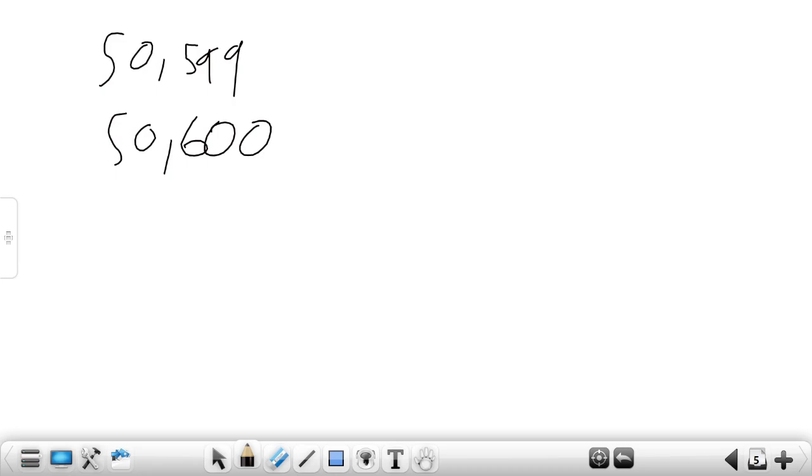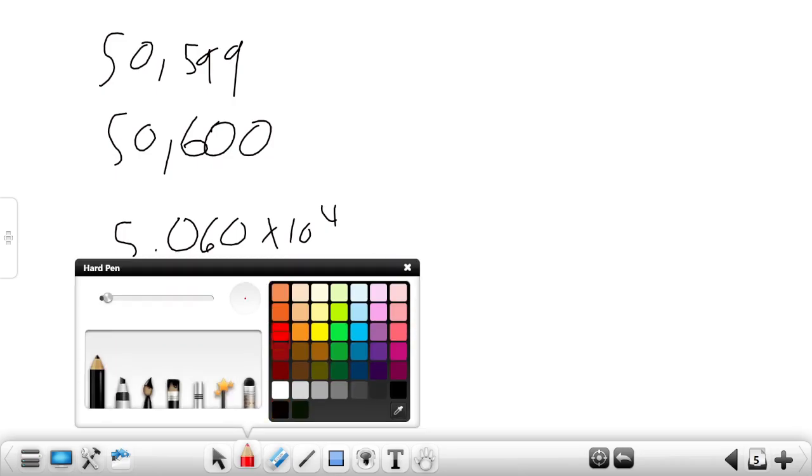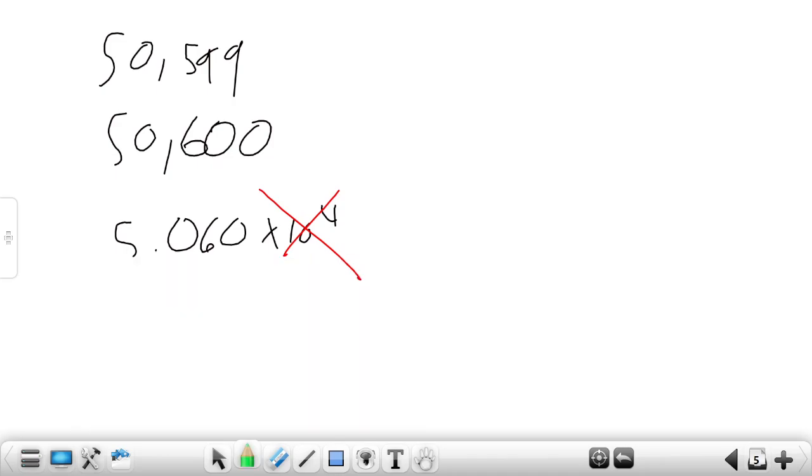But we can play around with scientific notation a little bit. We can say that 5.060 times 10 to the 4th, that has 4 significant figures because we ignore the scientific notation numbers when dealing with significant figures. We only look at this. However, this wouldn't be fully correct because this would end up rounding, I believe, to 506,000. But that is an example of how you can play around with scientific notation and significant figures. So once we cover scientific notation a little more in depth, it'll make a little more sense.